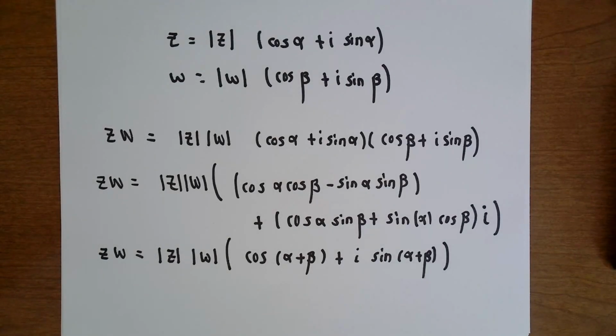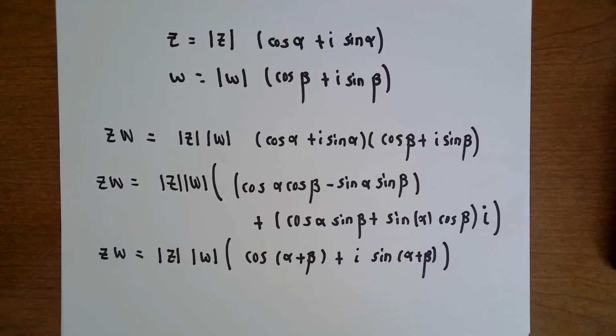Complex number z times w is the length of z times the length of w times one of these cosine of an angle plus i sine of the same angle complex numbers.